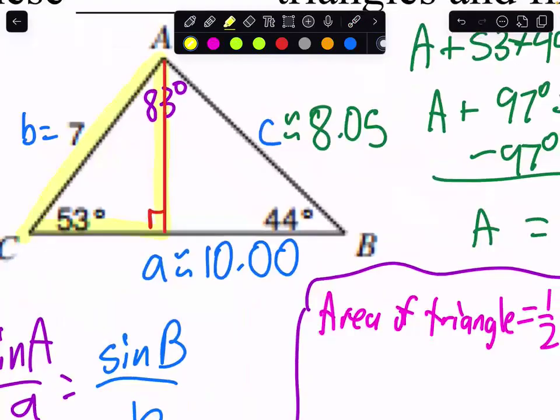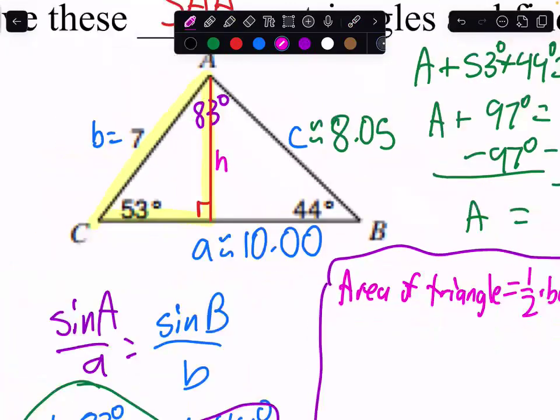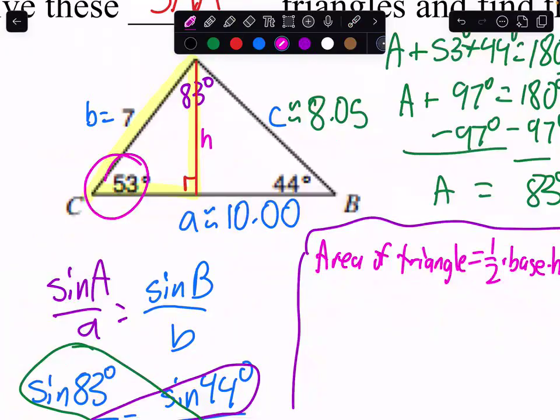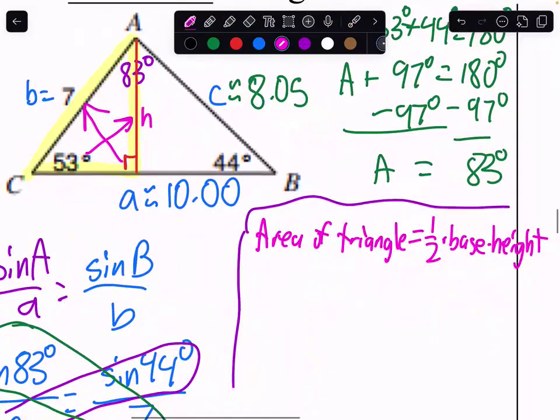Our goal is to find the height. Just focusing on this one, we're going to use this angle. We want to find the opposite side, and we know the hypotenuse. So opposite and hypotenuse, we should use sine. Sine of this 53-degree angle will be equal to the opposite h over the hypotenuse 7.